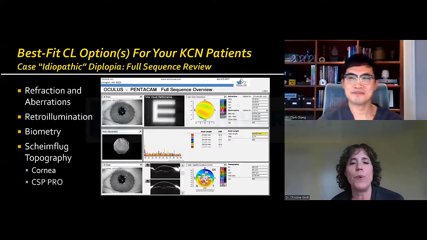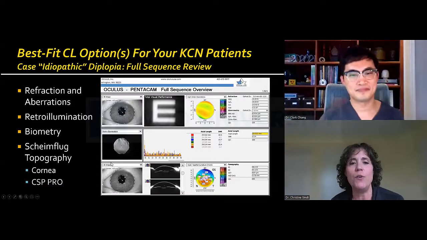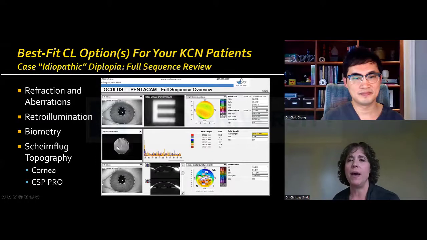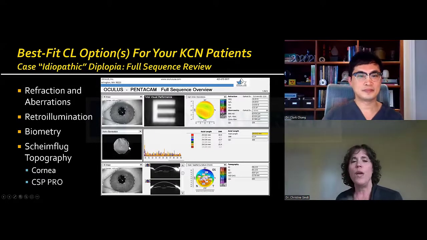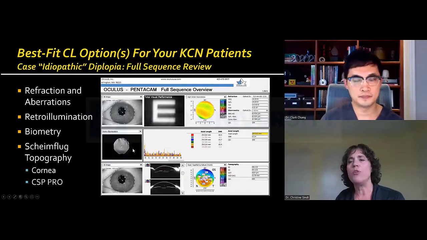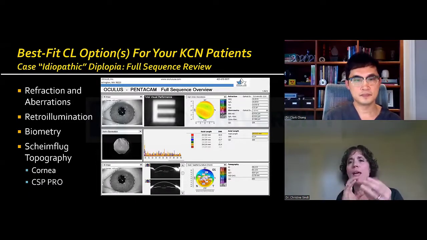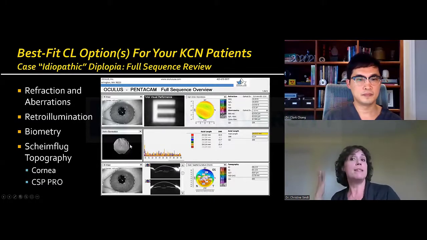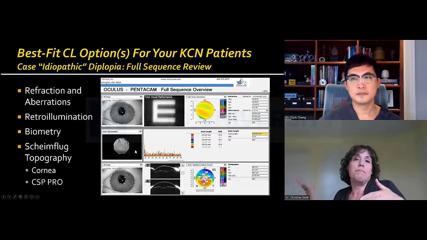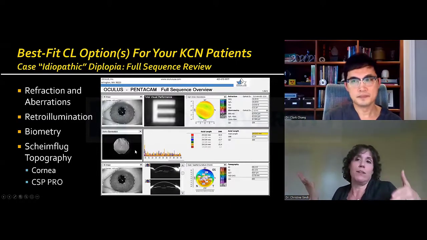And you'll see in this retro illumination image here that the cone is actually just at that inferior pupil, right there. But he's actually got some clear cornea on the top there. And that's where you want to do your retinoscopy. If you're going to try to get somebody into glasses, you want to see if you've got enough of an area of clear cornea, because you'll notice with people with keratoconus, their prescription can be -16 or -2 x 2 axis something or other.